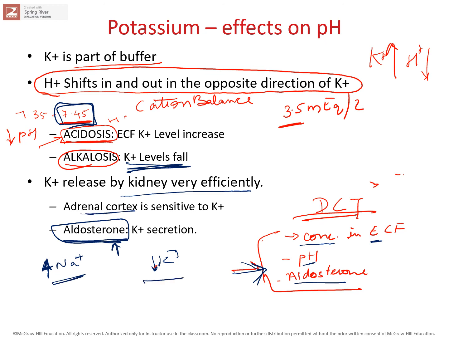And the adrenal cortex is actually very, very, very sensitive to potassium levels in the body. So when we have high levels of potassium in the body, aldosterone kicks in and triggers the mechanisms for retaining sodium in the body. When we retain sodium, we in turn end up losing potassium from the body.